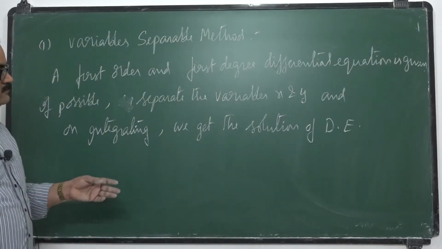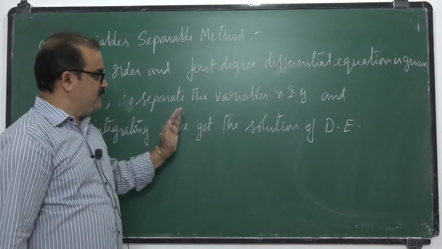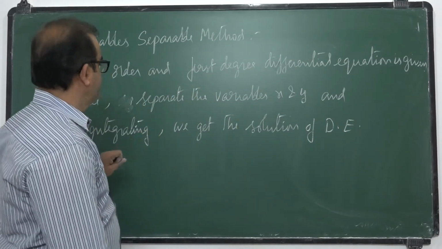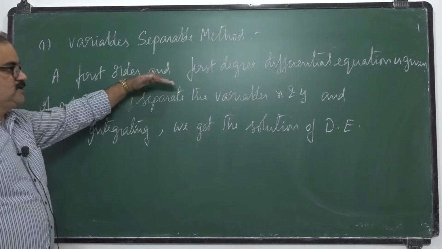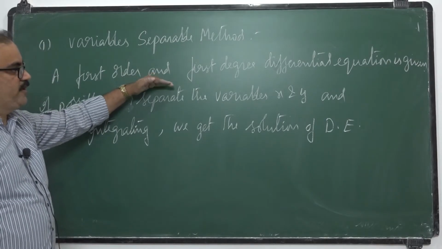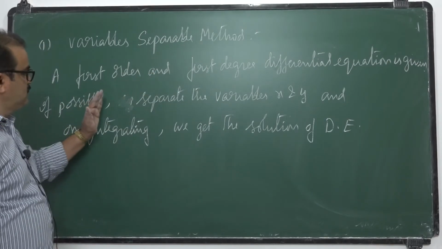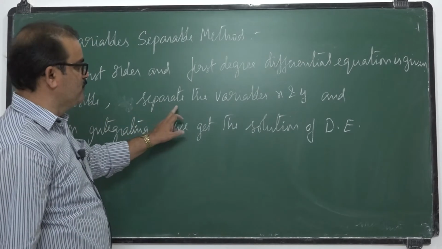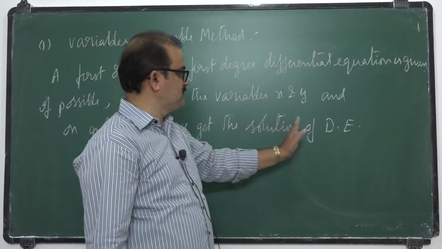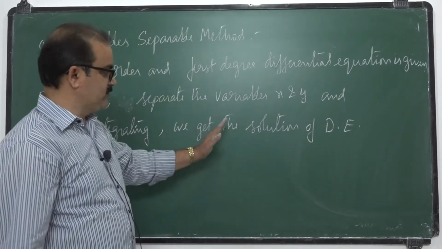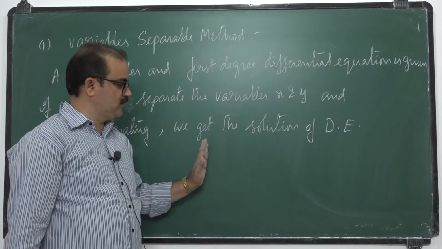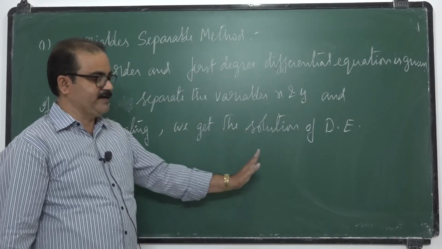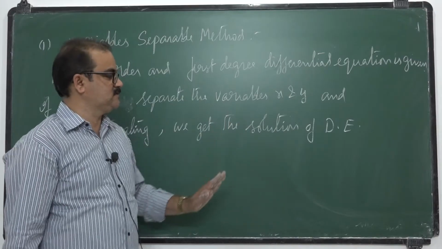Here a first order, first degree differential equation is given. That differential equation contains two variables x and y. Now, if possible, then only separate the variables x and y. That means write all the terms containing y in LHS, and in RHS write the terms containing x.